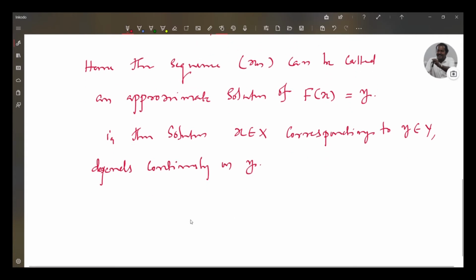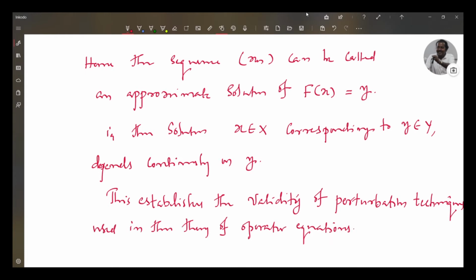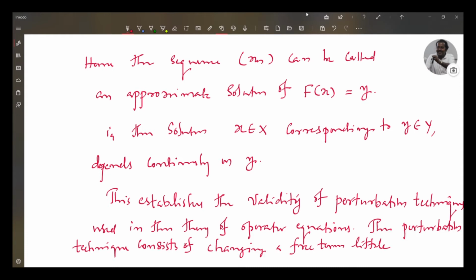So this establishes the validity of perturbation techniques used in the theory of operator equations. The perturbation techniques consist of changing the free term a little bit and admitting a small change in the solution. So we can discuss this using a concrete example.